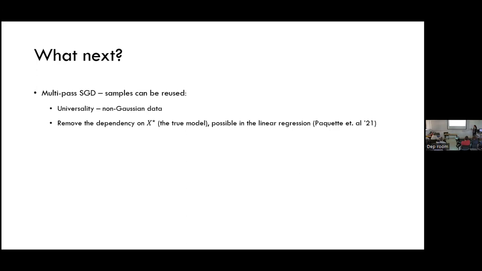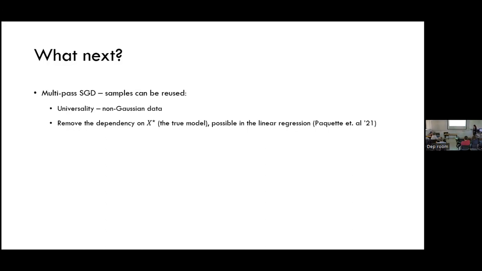The hard part in terms of generalizing to a case in which you can reuse samples is the fact that we require that we know X star, which for the linear case we can work around because of the linearity.